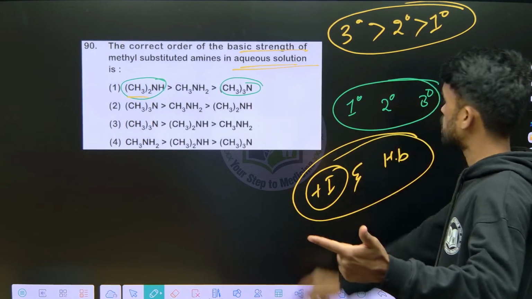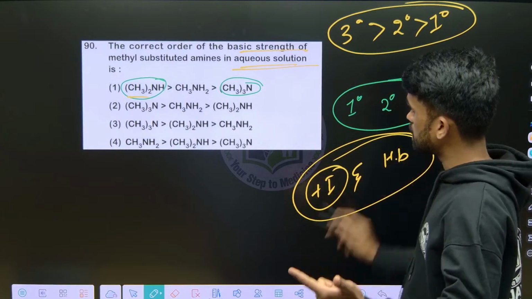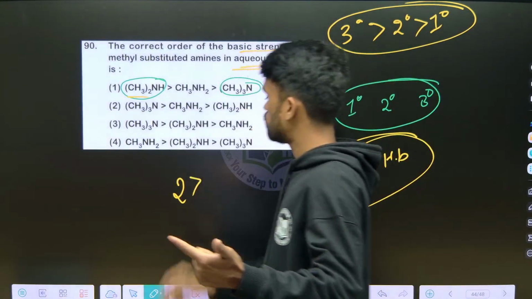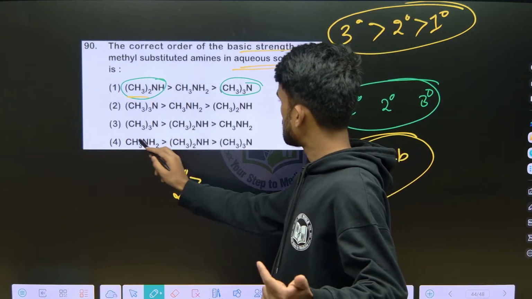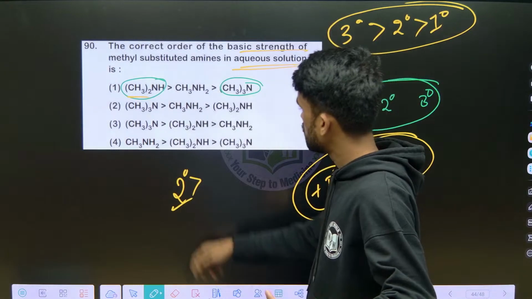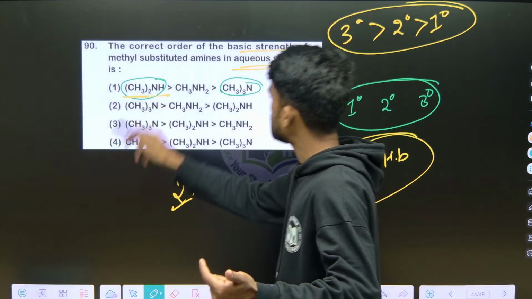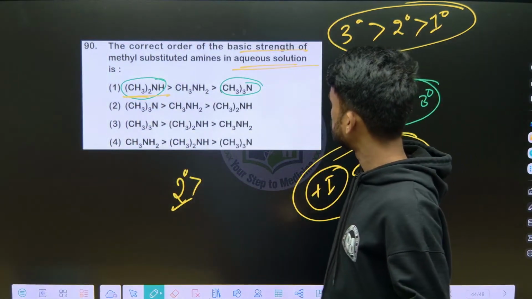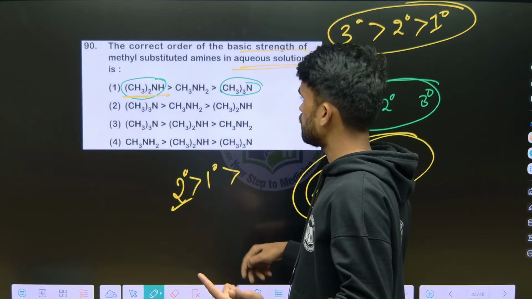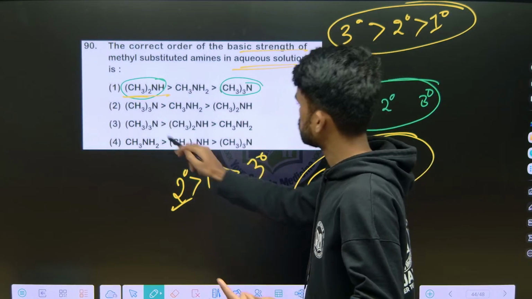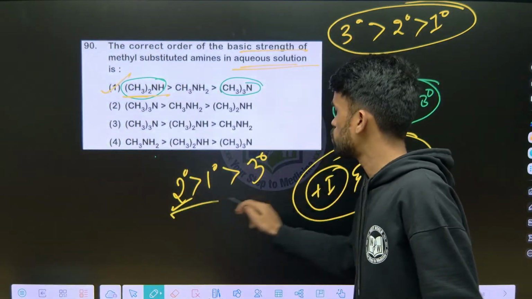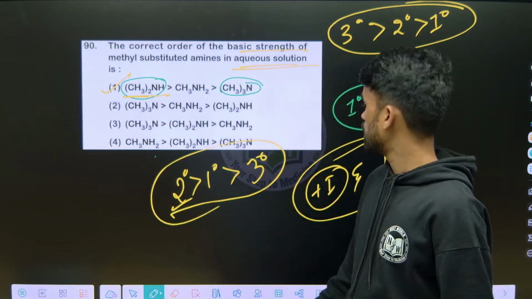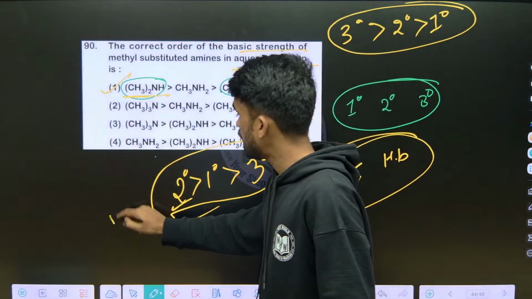So these two effects should be considered. By considering these two, 2 degree is more basic, then 1 degree amine, then 3 degree amine. Only the first option has this, so there is no confusion: 2 degree, 1 degree and 3 degree. This is for methyl amines.